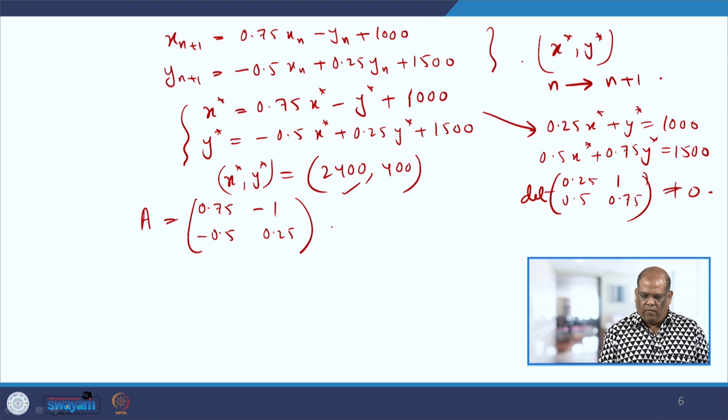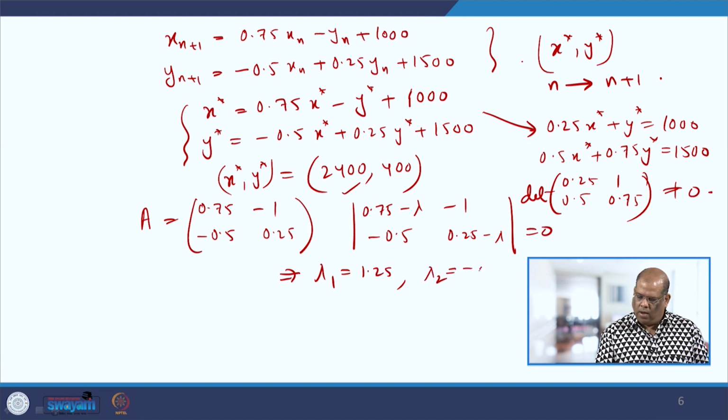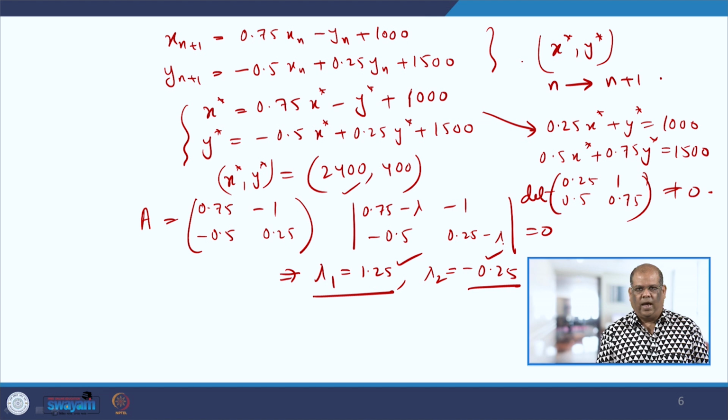Find the eigenvalues of this, which is the determinant of 0.75 minus lambda, minus 1, minus 0.5, 0.25 minus lambda. In this particular case, you will get lambda 1 equal to 1.25 and lambda 2 equal to minus 0.25. Now, you see the roots are real but of opposite signs.